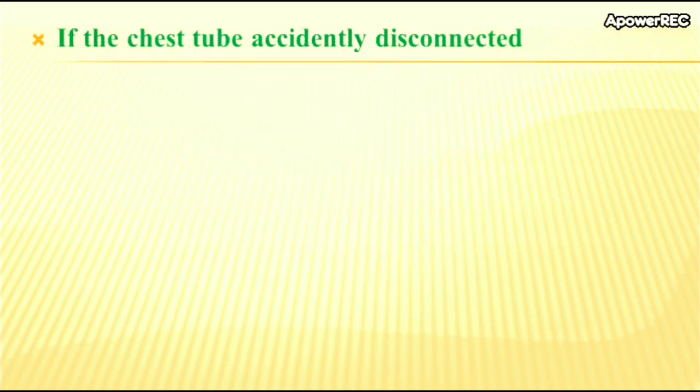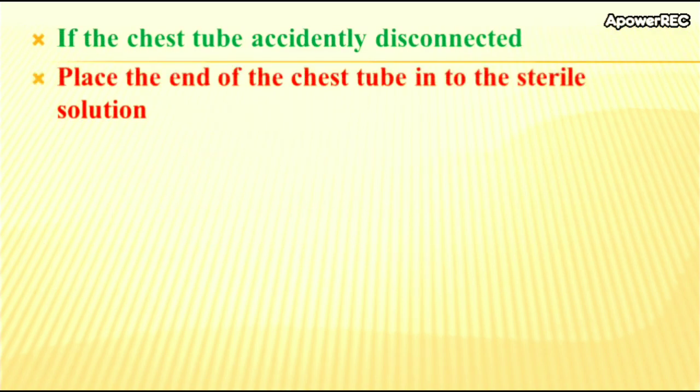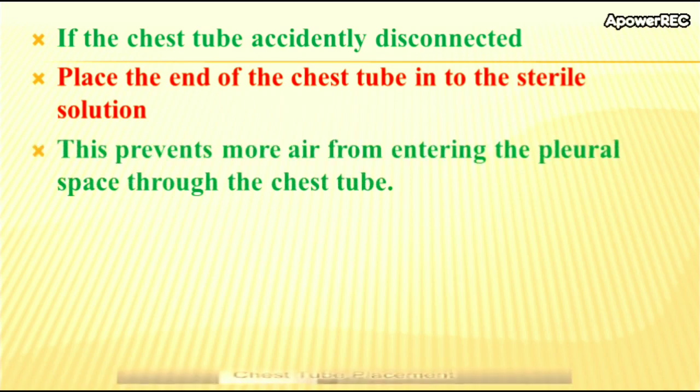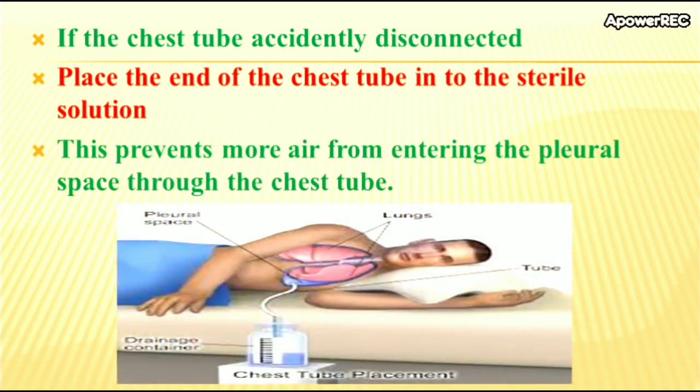If the chest tube is accidentally disconnected, place the end of the chest tube into sterile solution because it will prevent more air from entering the pleural space through the chest tube. This is the chest tube system.